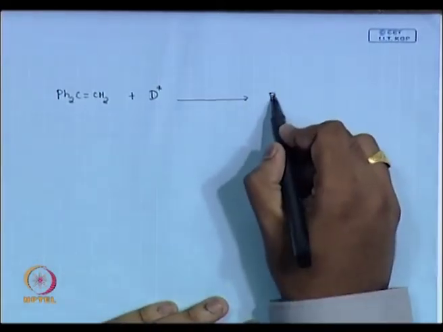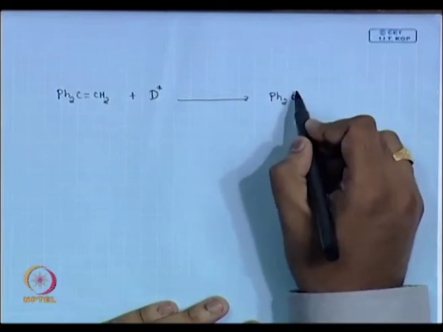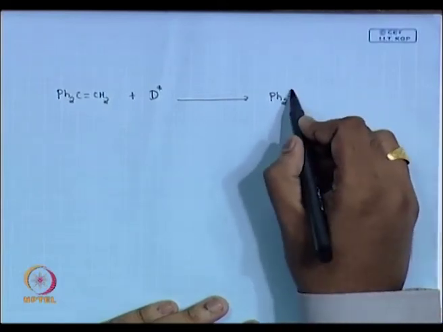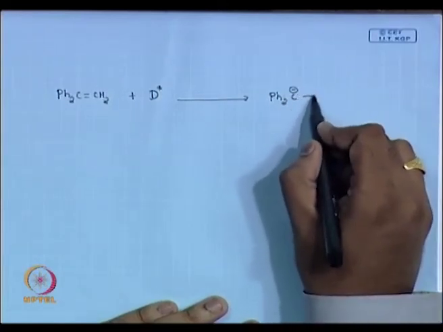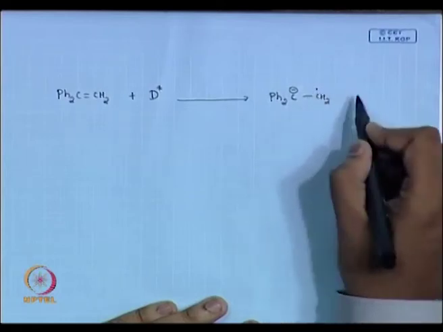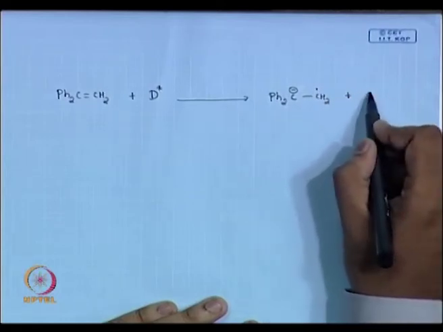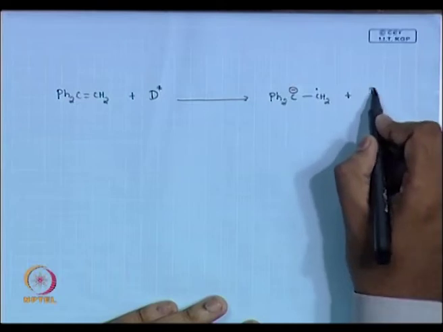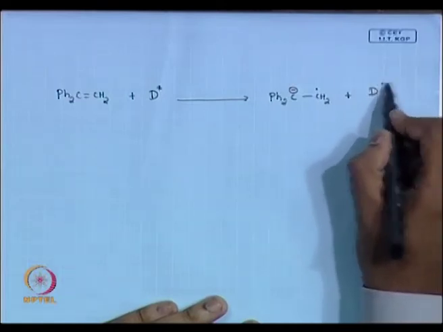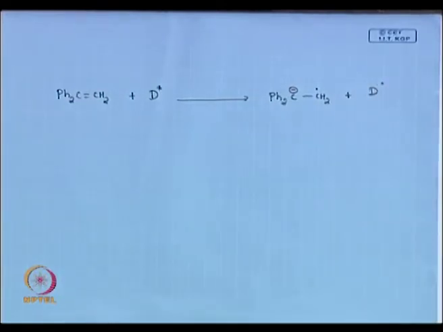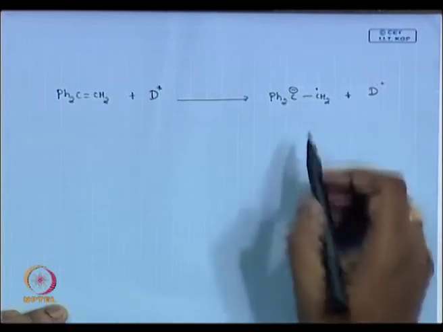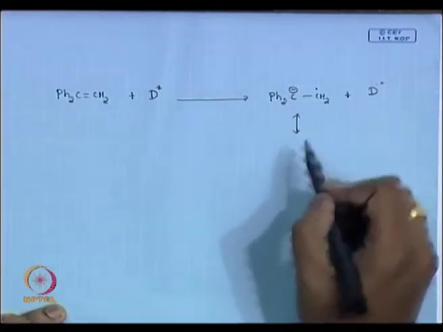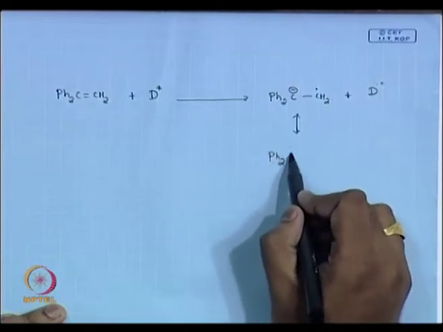Basically, we know that it can donate electrons to the pi system, so it becomes a donor radical cation and the substrate becomes a radical anion. Again, this will be much more stable.